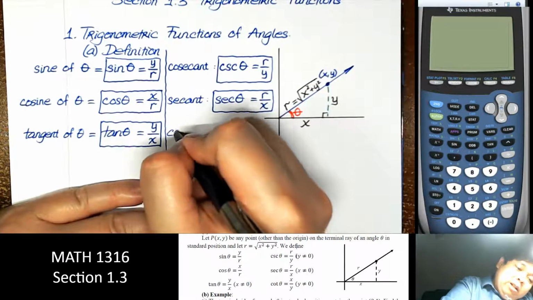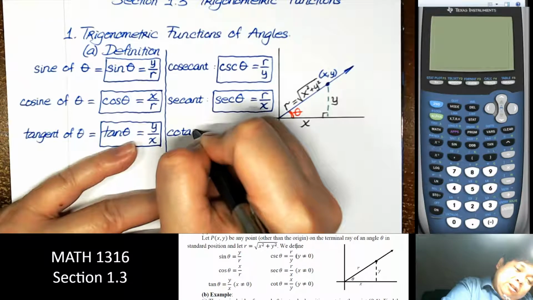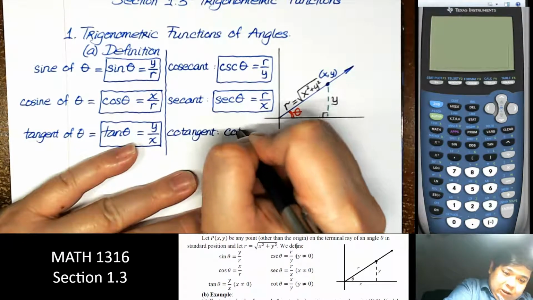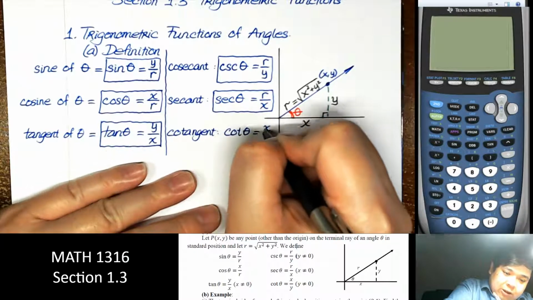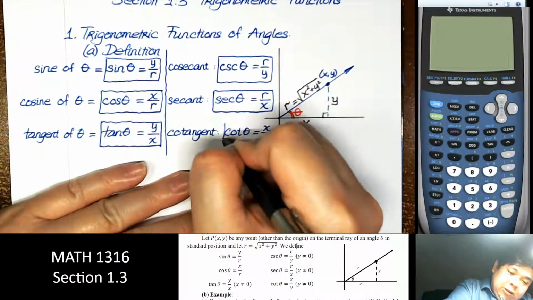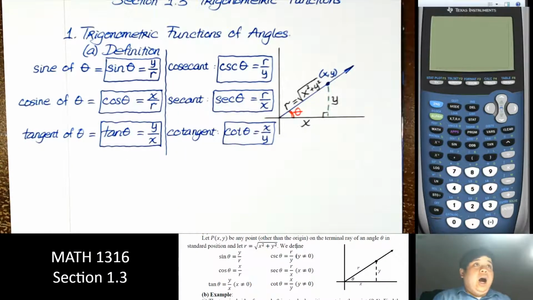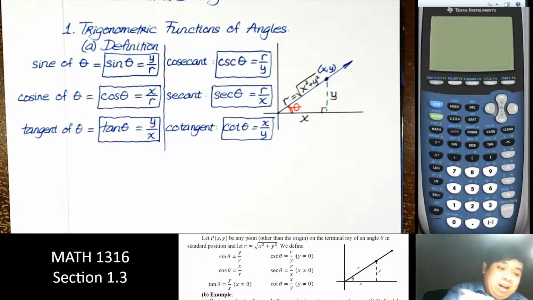And then cotangent, again. Those are just definition, meaning that we just have to use that and we don't prove anything.